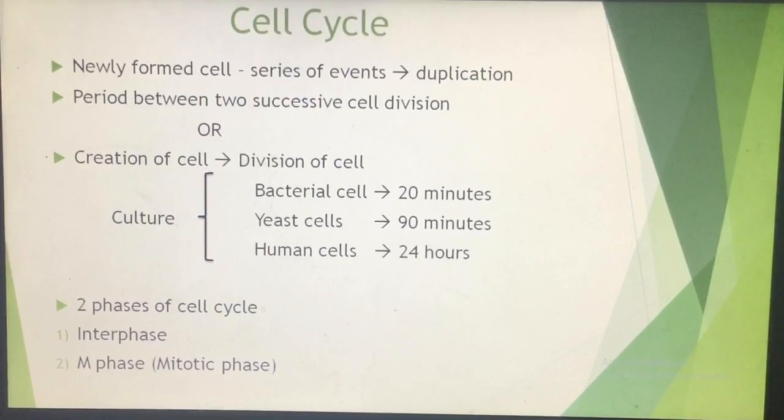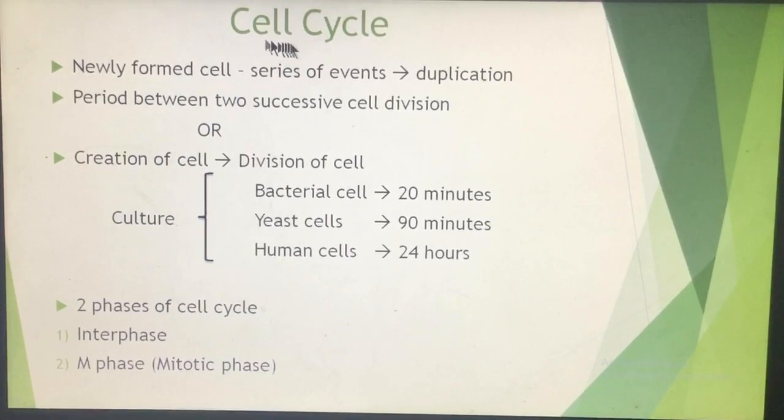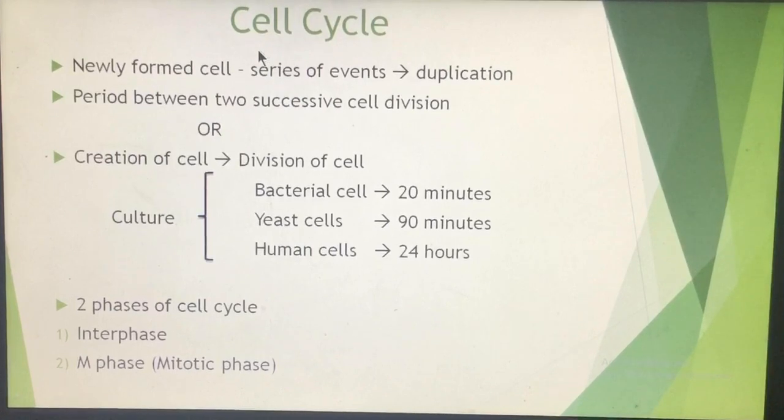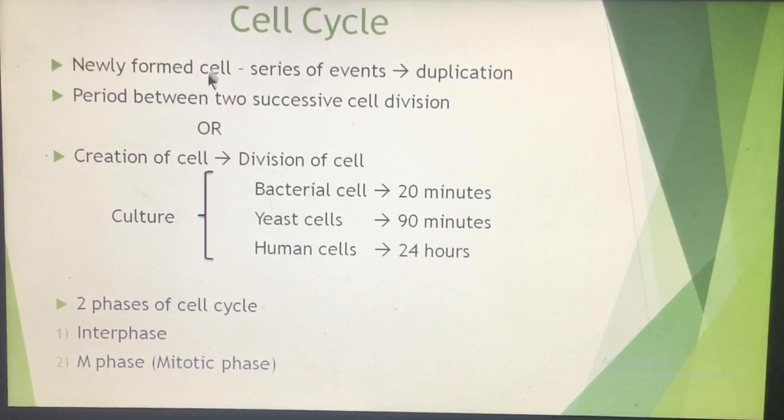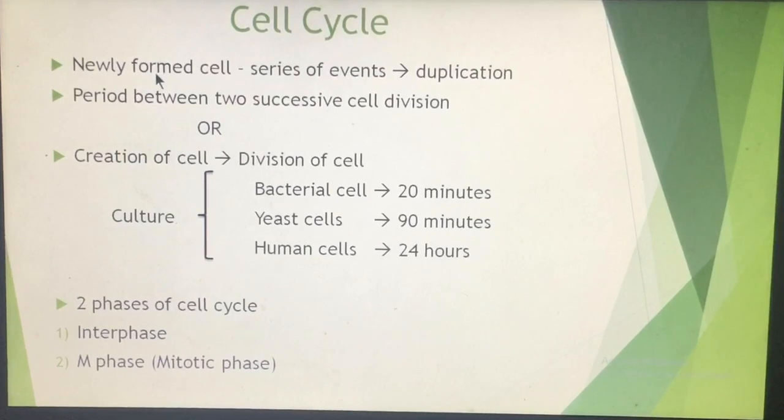Now in this cell division, first we will talk about what is cell cycle. Cell cycle का क्या मतलब है? Now if a newly formed cell is there, अगर कोई cell जो है वो अभी अभी बना है, so this newly formed cell shows many events.